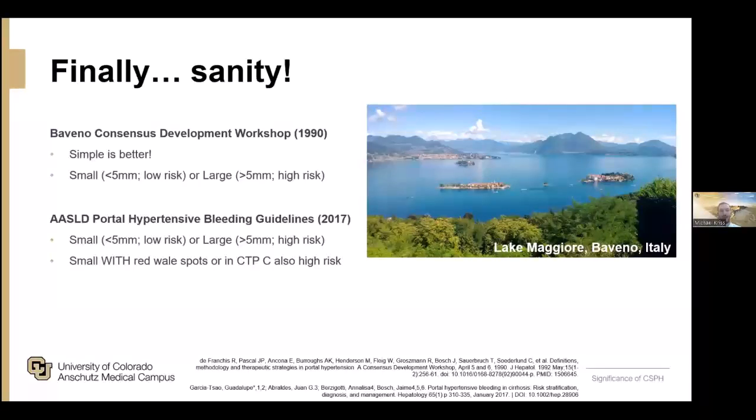And so from that, we have developed size thresholds of less than 5 millimeters for small, usually low risk varices, or greater than 5 millimeters to declare large or high risk varices. And we've now added certain qualitative features that have been defined in the past, including red wale spots, which, if present on small varices, make them high risk, and the presence of clinical Child-Turcotte-Pugh class C, which in patients with even small varices technically denotes those as high risk.